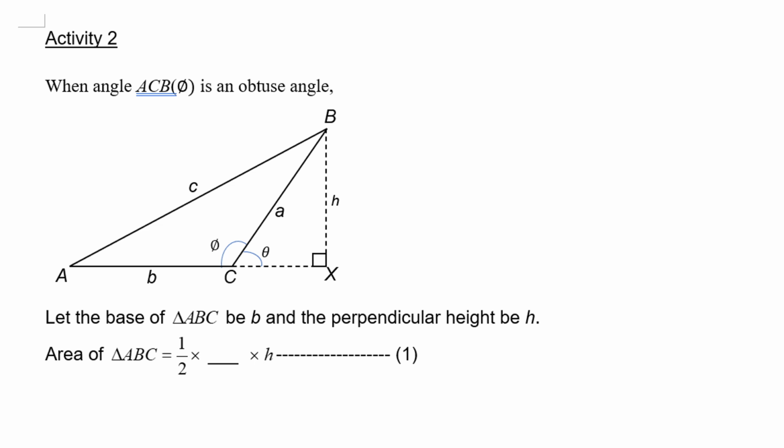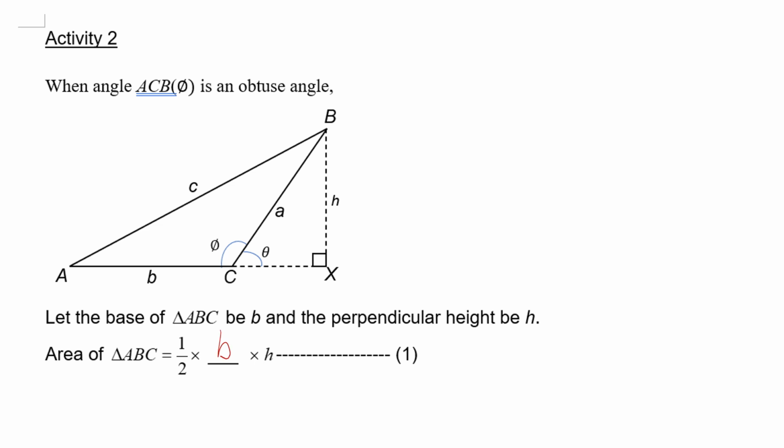We're going to let the base of this obtuse angle triangle be B also, and the perpendicular height to be h. So of course, the formula to find the area of this triangle will be half times base times height.